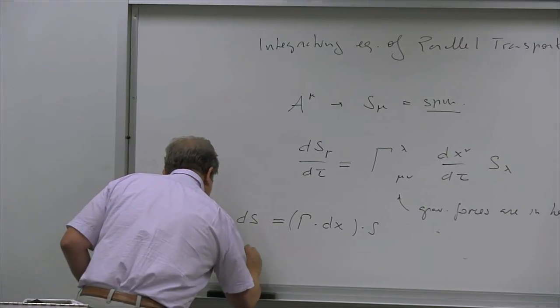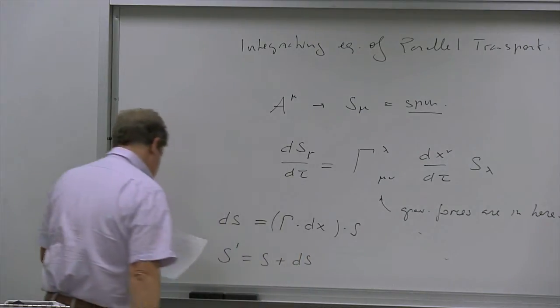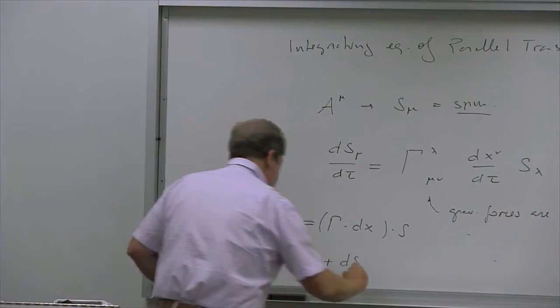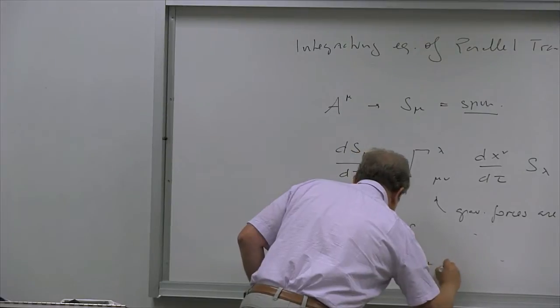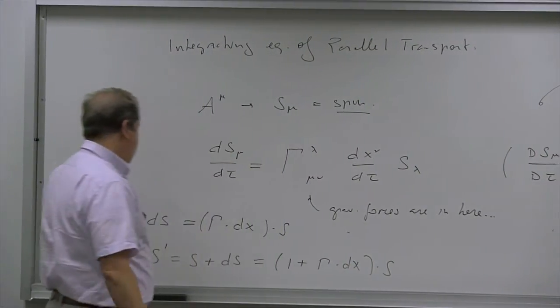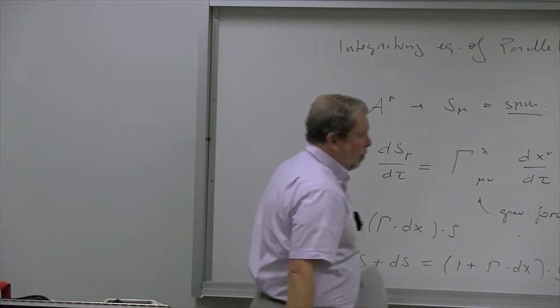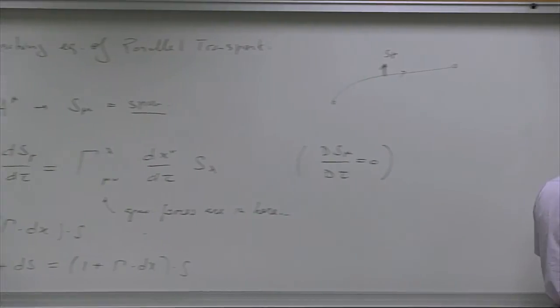So the rotated vector S prime is going to be S plus dS, and so is going to be equal to 1 plus gamma dotted into dx, times S itself. And that's for an infinitesimal displacement.